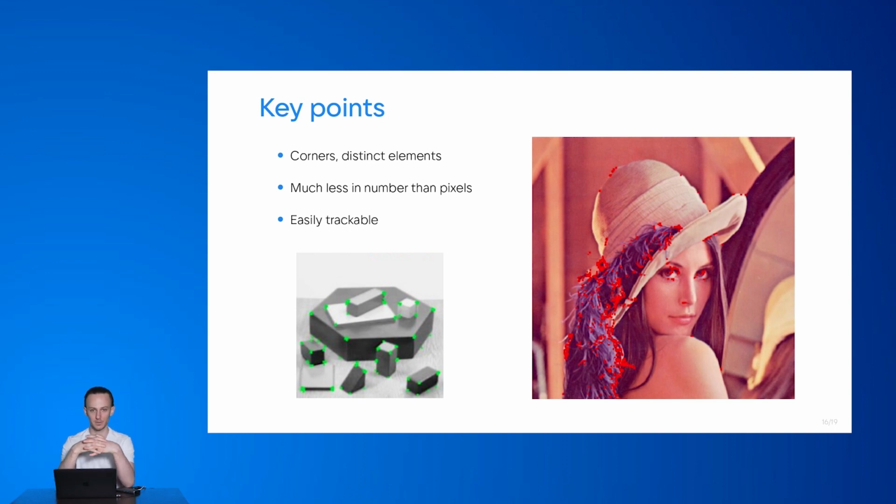Another way to find correspondences is to use so-called key points. I have already mentioned them. Those key points are the points or the areas or the specific pixels even in the frame that are very much different to their surrounding or that are distinct to their surrounding in terms of the distribution of the gradients. Here in the left image, you can see that only the corners, and even not all the corners, are marked here in green.